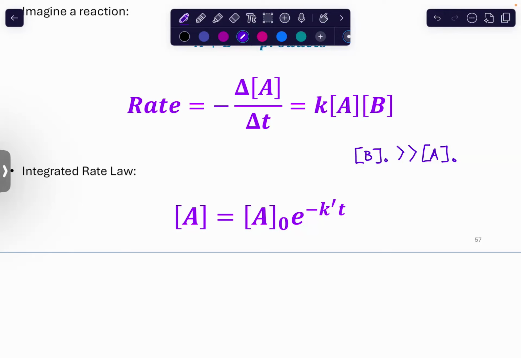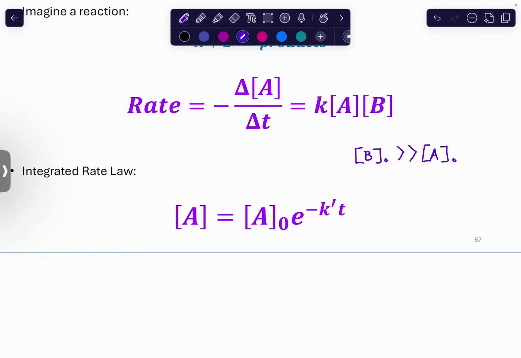So in chemistry, when we have one reactant whose concentration is much greater than the other one, what do we call that? If I let this reaction run, will I notice any noticeable decrease in reactant B?